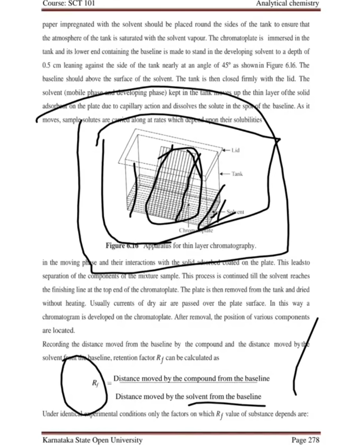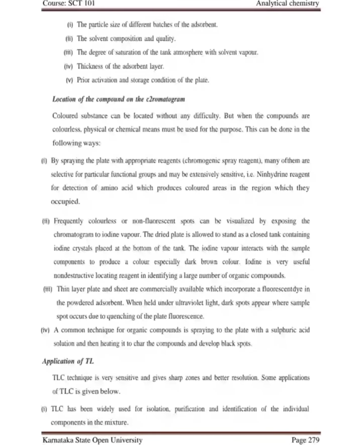Next is the application of TLC, thin layer chromatography. TLC is very sensitive, and compared to paper chromatography it gives better results. It shows sharp zones of spots in the chromatogram, having better resolution.